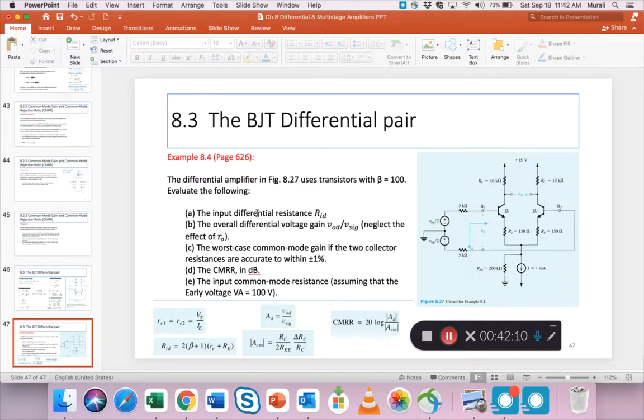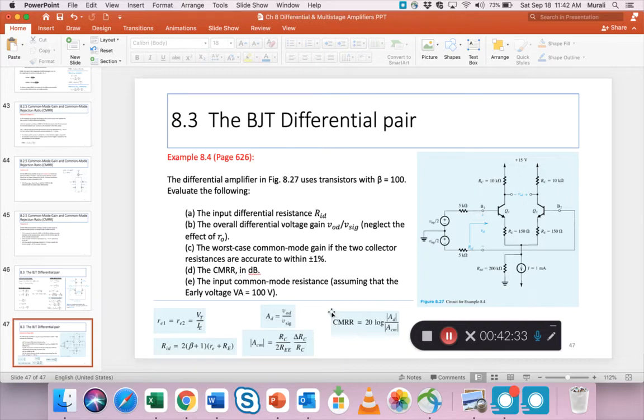You just have to find the input differential resistance RID, overall differential voltage gain VOD by Vsig, which is actually split into two, I think, in how he solves it. The worst case common mode gain, if the two collector resistances are accurate to within plus or minus 1%.